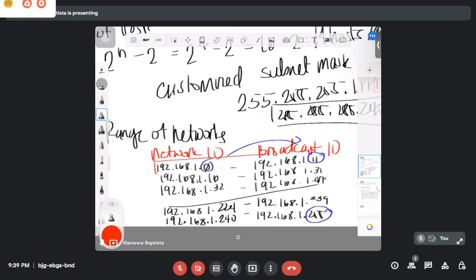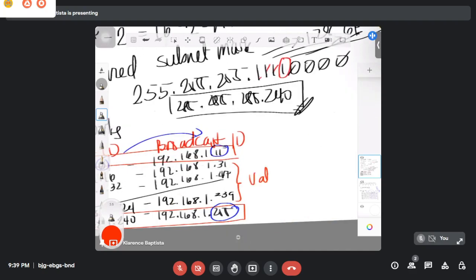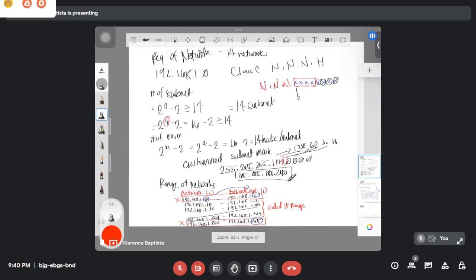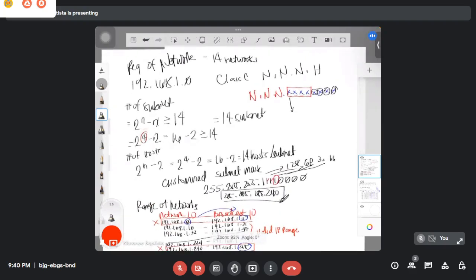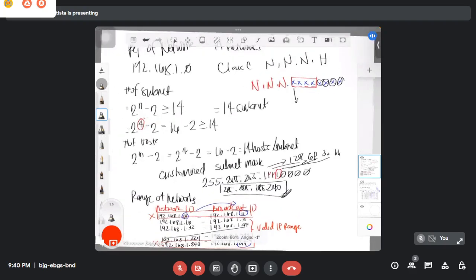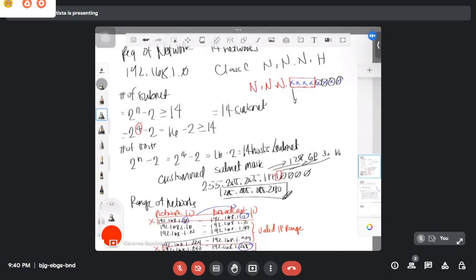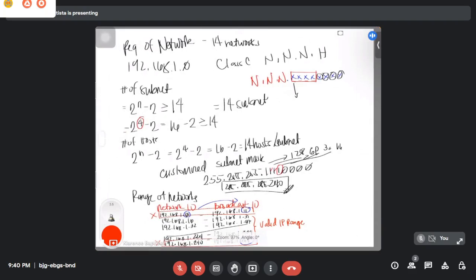First range and then the last range is not a valid IP. So from 16 hanggang 239, this would be our valid IP range. Okay? So, ganyan po magkuha ng ating subnet if we have the requirement of network. Okay? So, ganyan lang po.